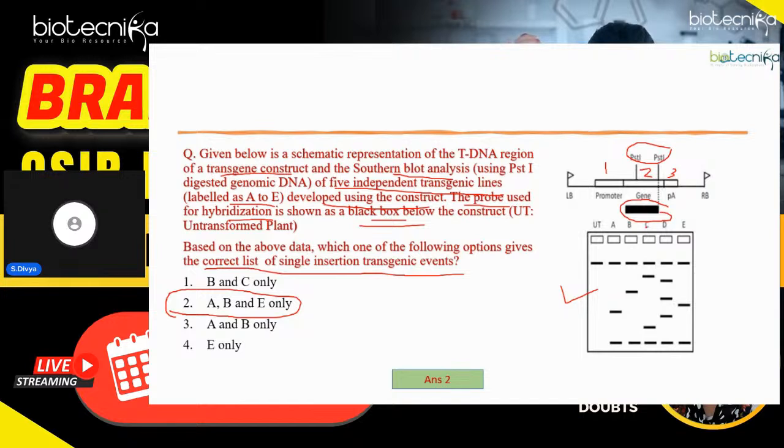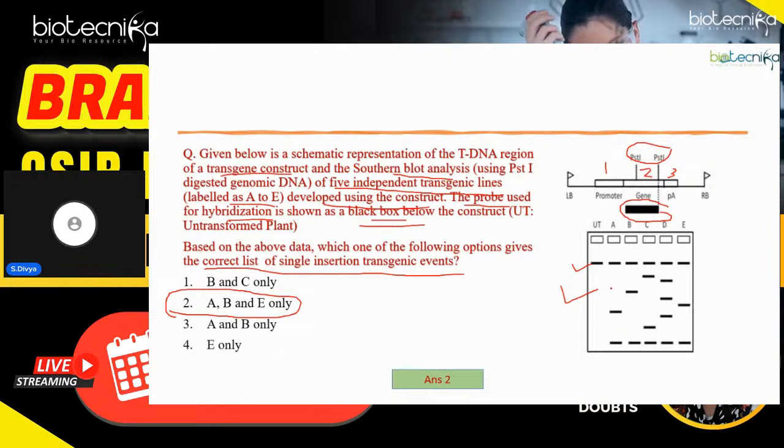So in that case, what can you predict? UT is present for all the transgenic lines. There is no difference in that. But wherever you get an extra 2 bands, that indicates your single insertion events, because the probe is not able to bind to the third fragment. So you cannot use that. The first 2 you can. So in that case, you should get 2 bands.